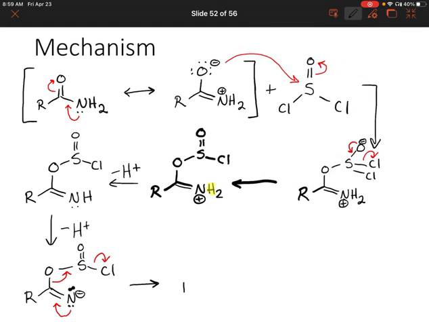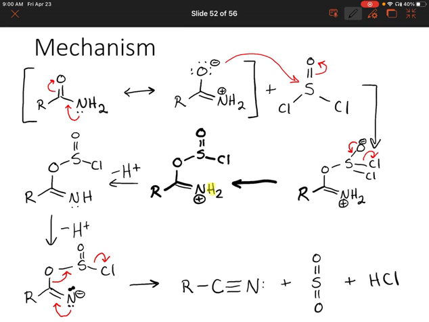So what we end up with is that alkyl group bonded to carbon, which now has a triple bond to nitrogen. We've also formed SO2, so sulfur dioxide gas, and we formed hydrochloric acid.